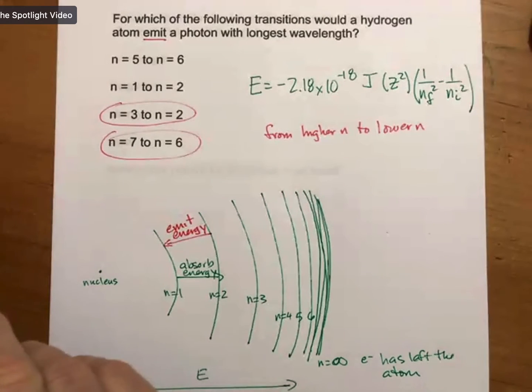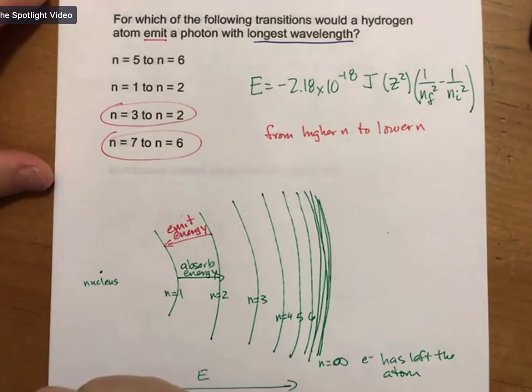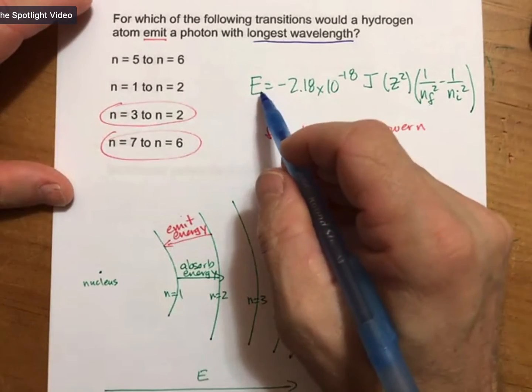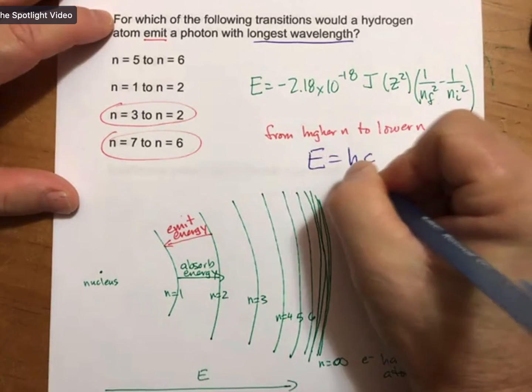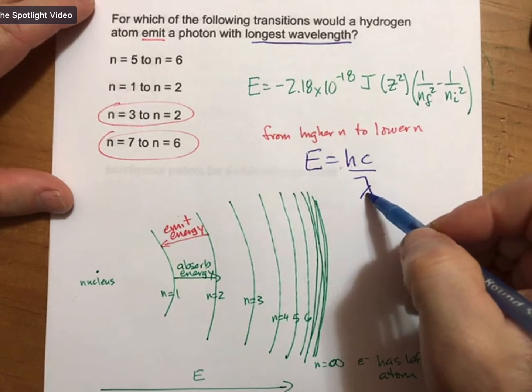And then we have to unpack this part about longest wavelength. Our understanding of energy comes from this equation, E equals hc over wavelength.